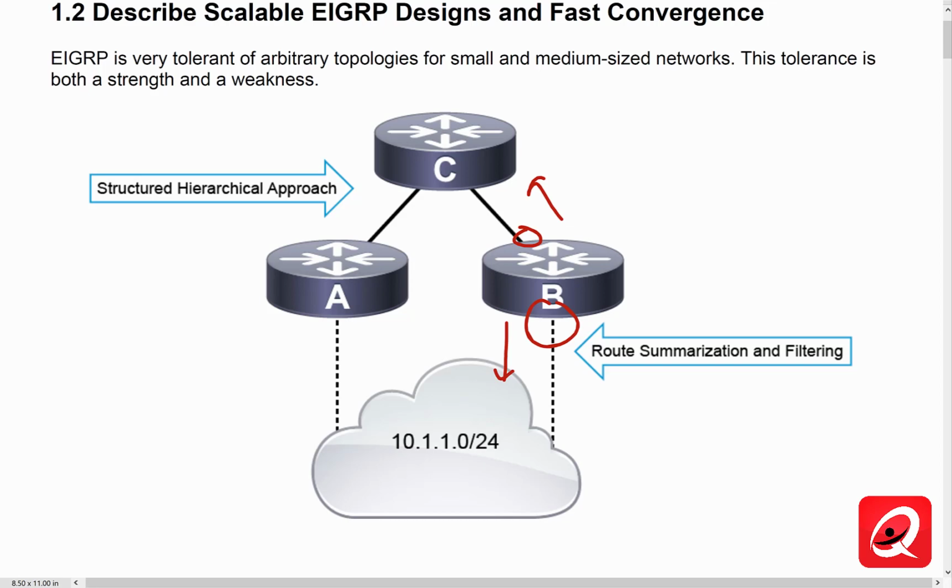So even if I am applying filtering, I can limit what goes into the global RIB, into the global routing table, but I can't limit what goes into the link state database, because if the routers don't have a common database, it is going to cause some major issues with EIGRP convergence, OSPF convergence and so on.